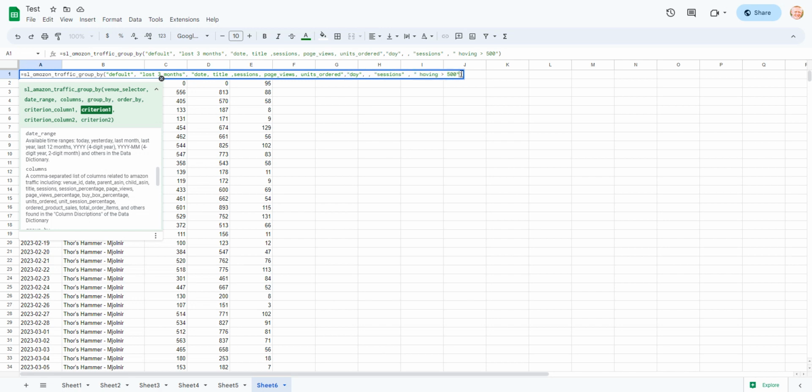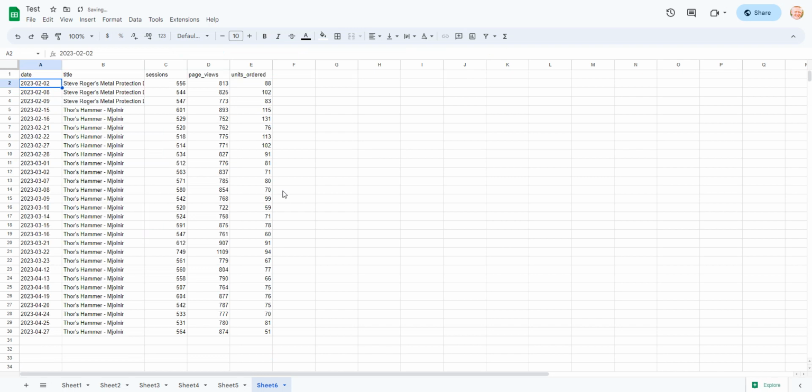And if I click enter now, there you go. I'm looking at rows of data and basically days, because I'm grouping by day. I'm looking at days where sessions were greater than 500, which is exactly what I was looking for.